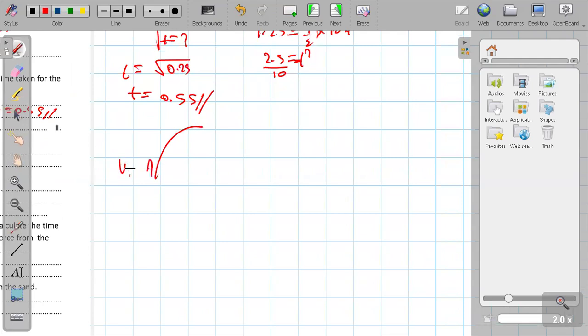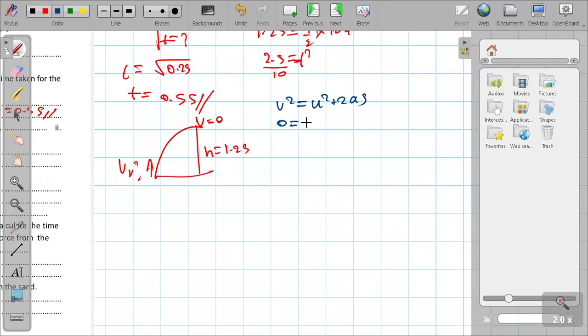V vertical, I don't know, but we find final 0. And the height, you know, 1.25. You can apply v square equals u square plus 2as.